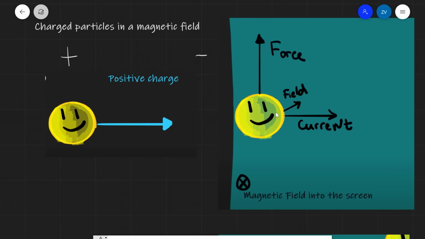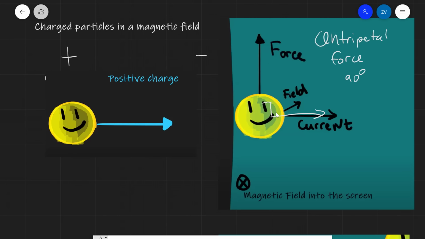But hang on a minute, this positive charge is already going to the right, and if the charge was initially going to the right and suddenly we have a force which is acting at 90 degrees, well, this would actually be a centripetal force. Remember, a centripetal force will always be acting at 90 degrees to the direction of motion, and the force and the motion will always be perpendicular.